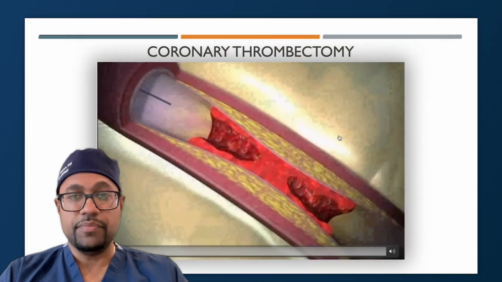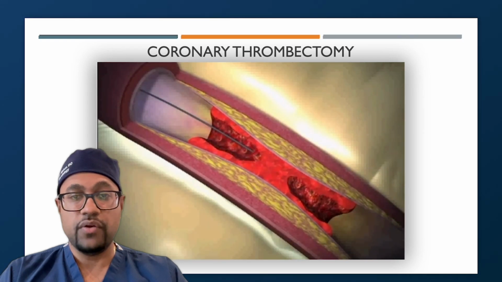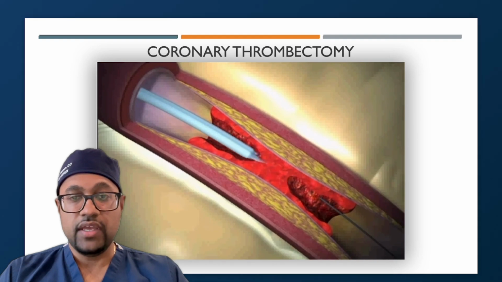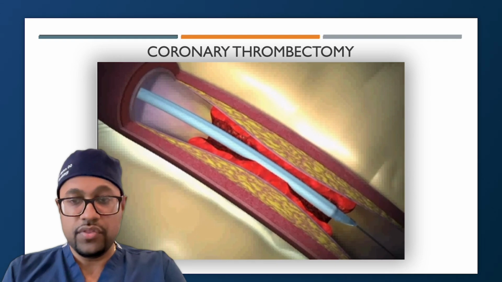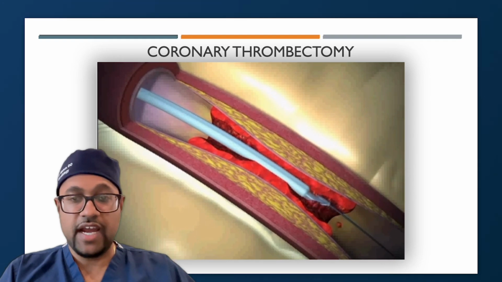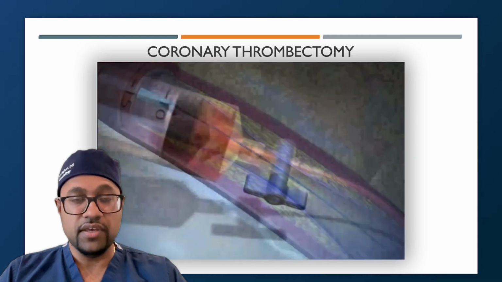I decided to do something called coronary thrombectomy, where we take a large catheter that has a hollow tube on it, and take a syringe and create a vacuum within this hollow tube, and we're able to aspirate or pull out that blood clot by doing this.